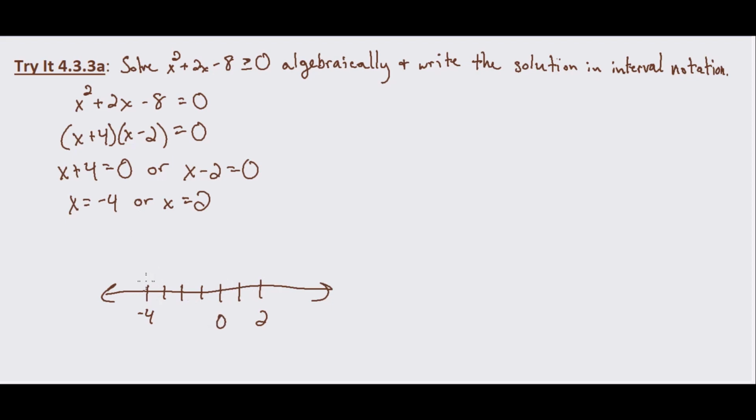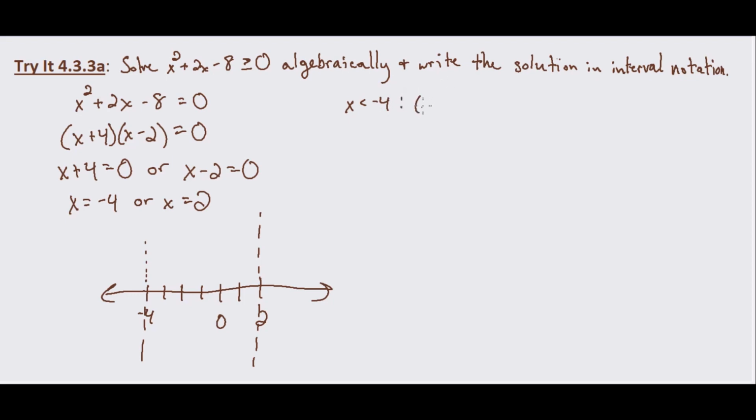And then we're going to test points in each one of the intervals that are created: less than negative 4, between negative 4 and 2, and greater than 2. So let's pick something over here. Let's say x equals negative 5. So x is less than negative 4. We'll go with negative 5.